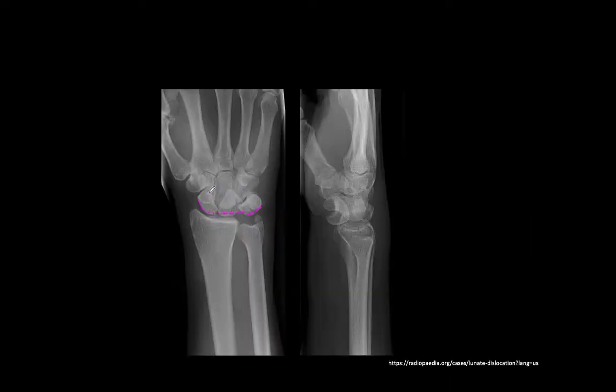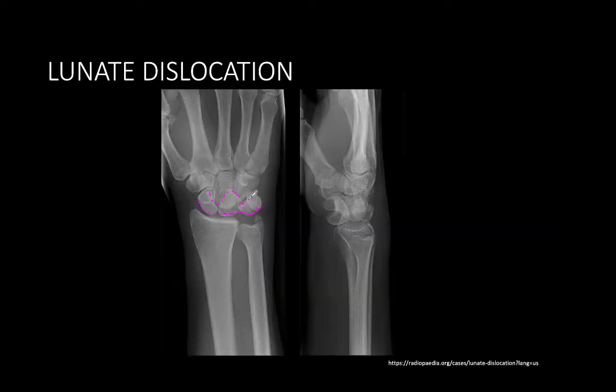The second arc of carpal alignment goes along the distal aspect of that proximal carpal row, and this should make a smooth arcing line. It's not. There's a break in the second arc of carpal alignment. I apologize, my mouse is a little sensitive here. This suggests that the carpals are not in the proper position. The third arc of carpal alignment is along the proximal aspect of the capitate and hamate.